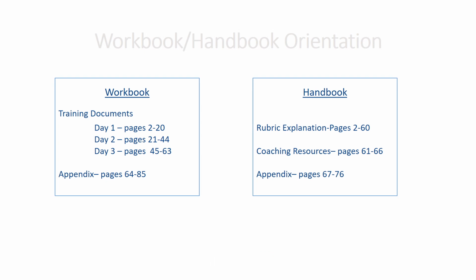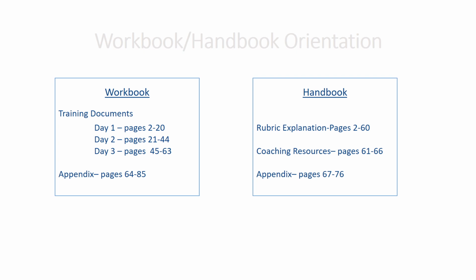After examining the triangle, you will lead participants through the sections of the workbook and handbook they will use throughout the 3-day training. This information is displayed on slide 46.